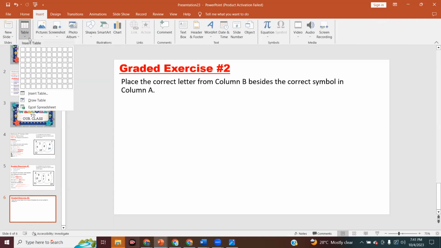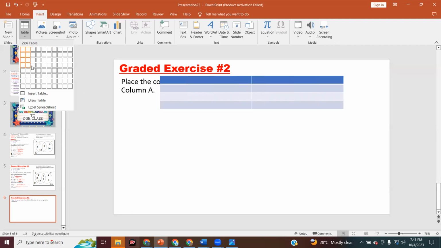Let me insert a table. And let's say that this table has 1, 2, 3, 4, 5, 6, 7 rows. And let's say it has 2 columns.